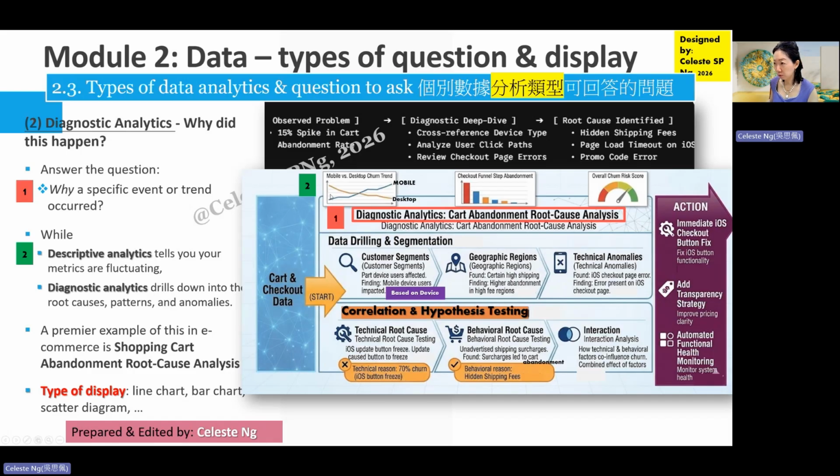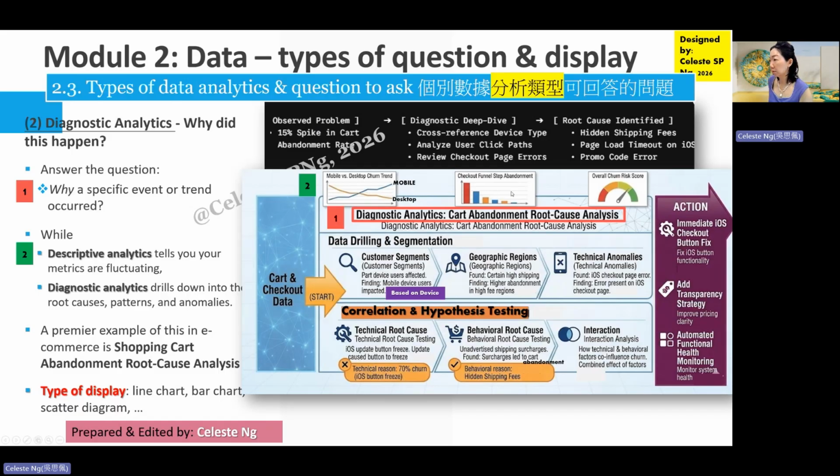This is alarming because for customers using mobile to transact with this e-commerce website, the churn rate is alarmingly high. Compared to desktop, where the churn rate is decreasing, and that's good.